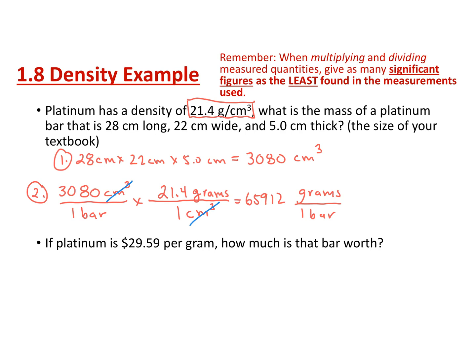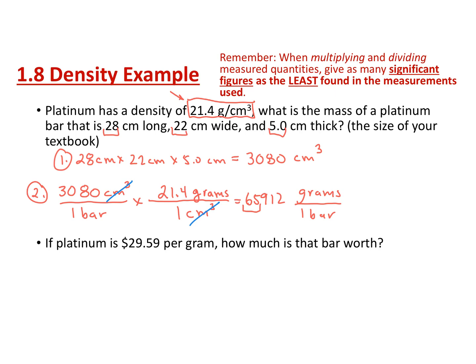Now that we have the final answer, we can report the correct number of significant figures. So this is a defined amount. I've defined the metal as having this density, so that doesn't have a role in our significant figures. However, these are measured amounts, and fortunately for us, I have 2 significant figures, 2 significant figures, 2 significant figures, so I want to use 2 significant figures in our final answer. Which means I need to drop everything after the 5.